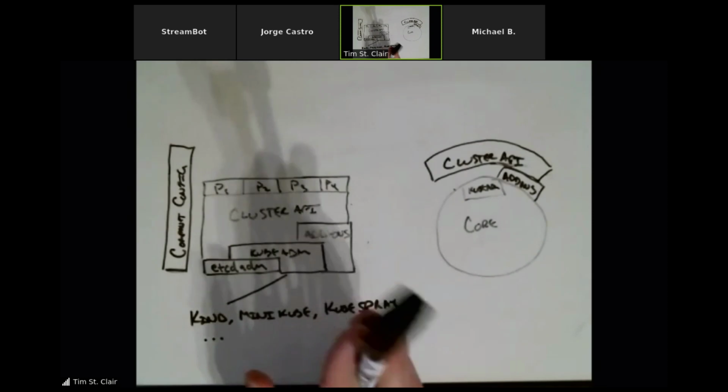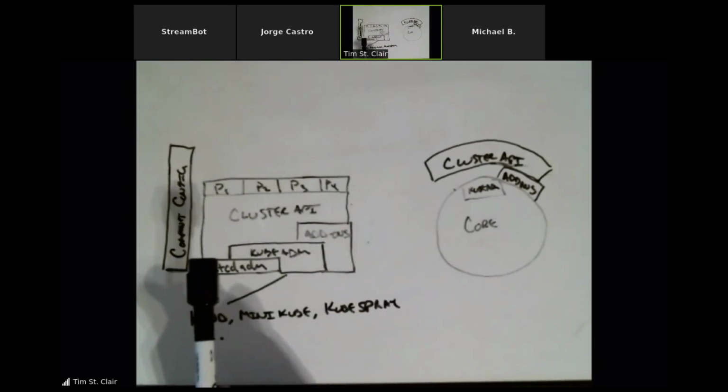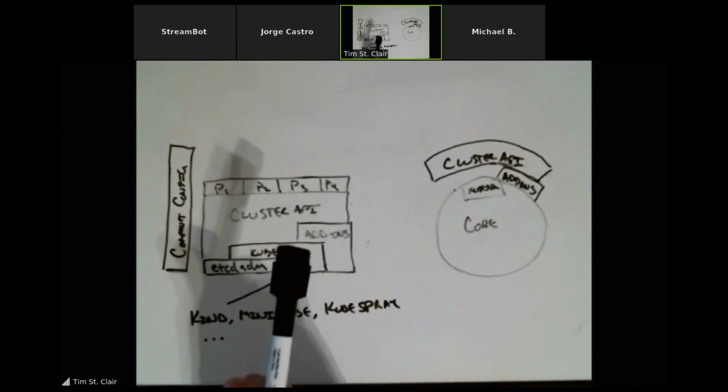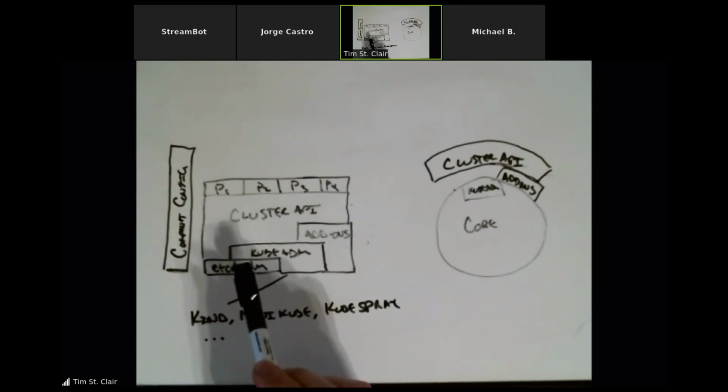A lot of the things we do inside of SIG cluster lifecycle follow the batteries included but swappable option. That way we have a default configuration that we use, but we always want to be able to have knobs or parameters or options for folks to be able to change what they need.